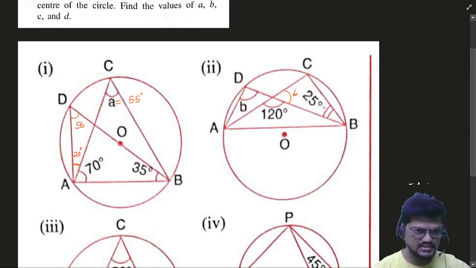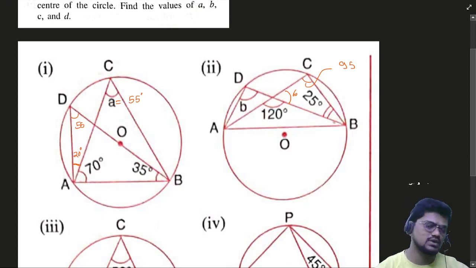If this is 60 and this is 25, 60 plus 25 is 85. So this angle will be how much? 95. This angle will be 95. And angle ACB will be equal to angle ADB. Why? Because they both are in the same arc. So therefore angle B will be 95. Understood?